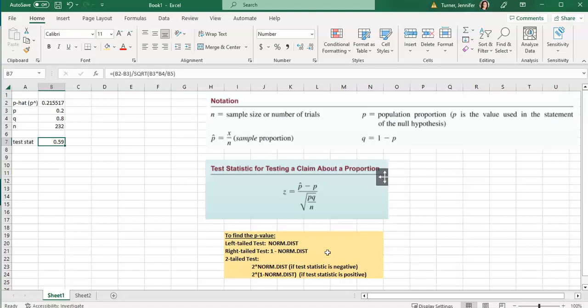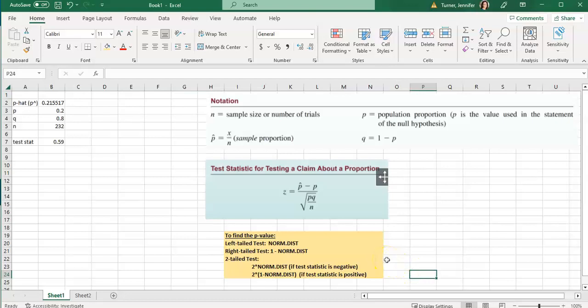So if we have a right-tailed test, we just need to adjust for that by finding the complement of the area to the left. And if we have a two-tailed test, the formula will depend on whether our test statistic was negative or positive. If it was negative, it would be this, 2 times the norm-dist function, and if it was positive, it would be this, 2 times 1 minus the norm-dist function.